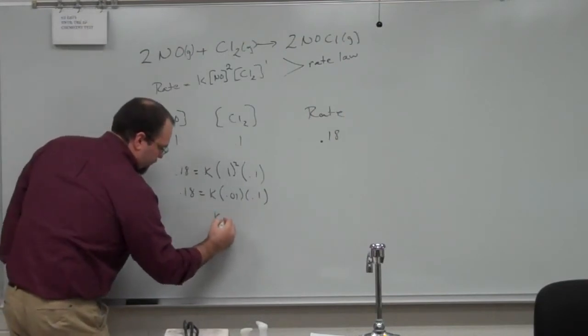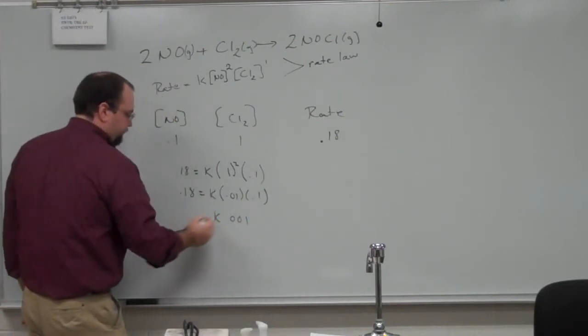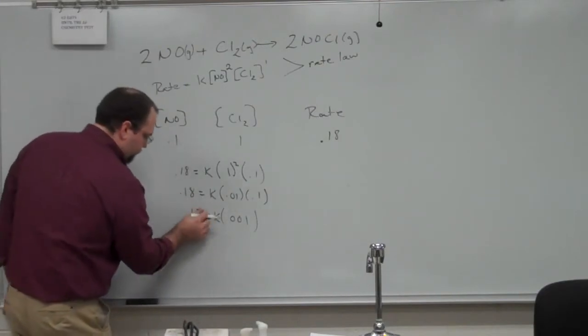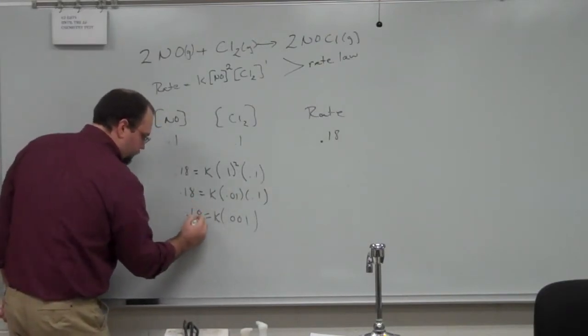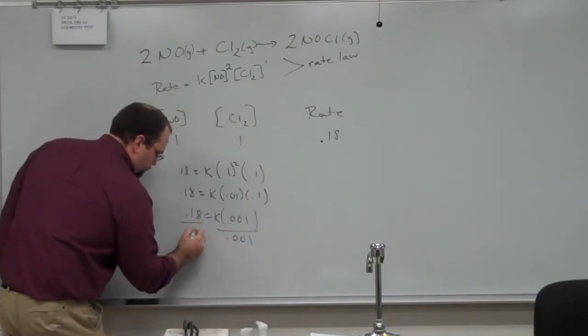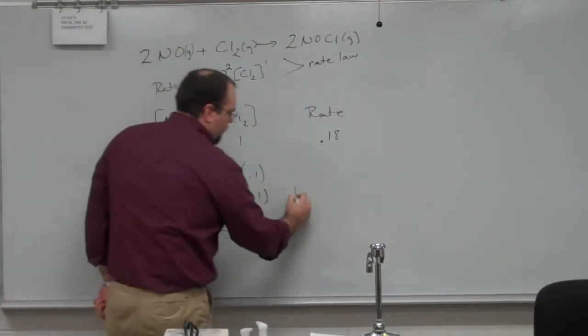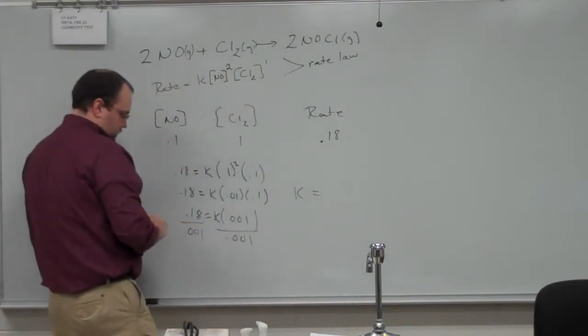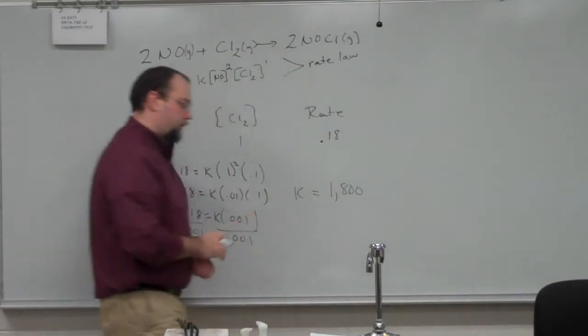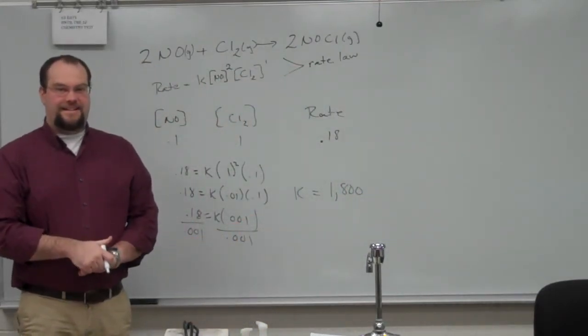That's K times 0.001. Divide both sides by 0.001, and K should equal 1800. Okay, K will equal 1800.